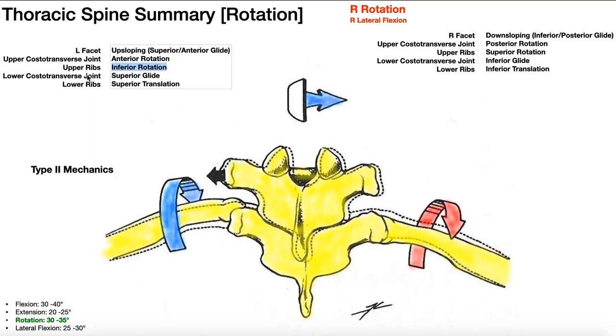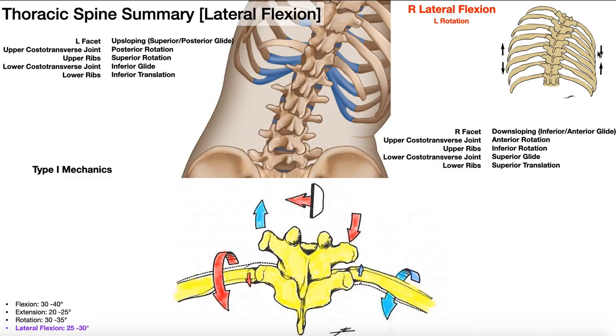Again, the lower costotransverse joints do the opposite, always the opposite. You're starting to see a pattern there. The lower costotransverse joints facilitate superior glide, and the lower ribs translate superiorly. And what does that do? If you think about it, the upper ribs are rotating down, the lower ribs are translating up. So the ribs are coming closer together. They're approximating.